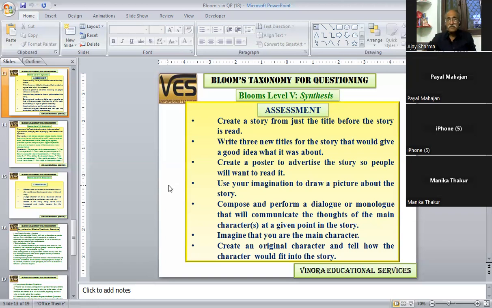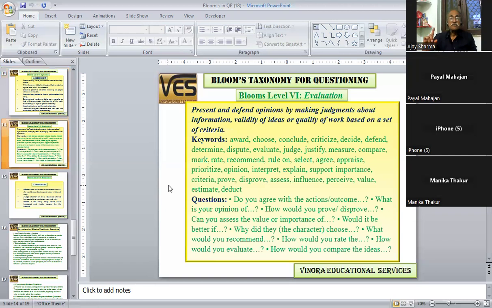Now the last one is evaluation, the sixth. This is the last one. Evaluation means award, evaluate, dispute, judge, justify, explain, which means you are evaluating in your own words what exactly you got in the first 5 steps, specifically the analysis and then synthesis.